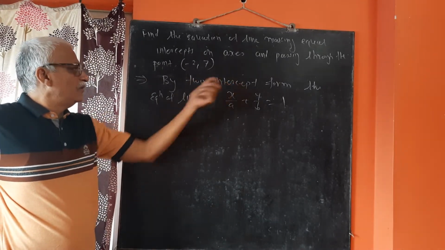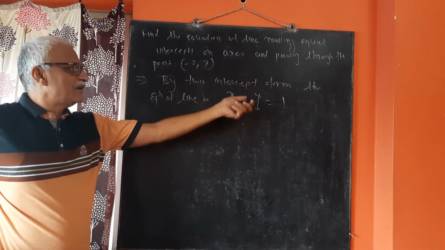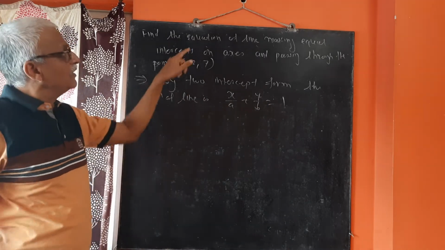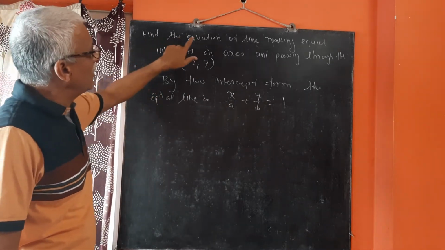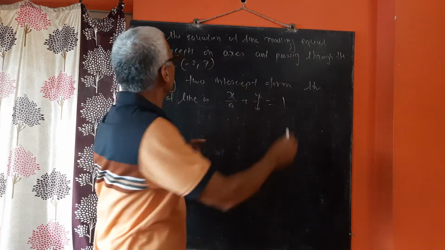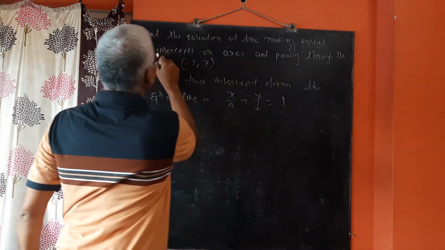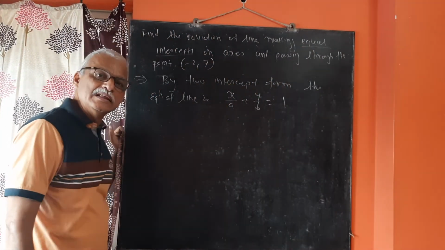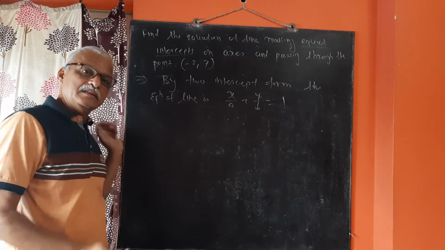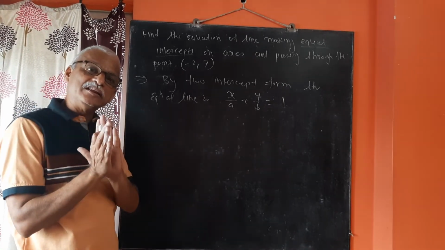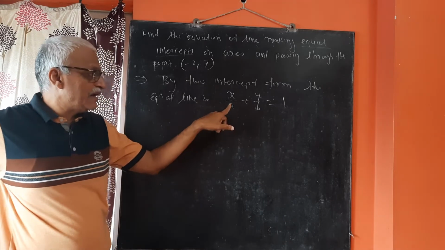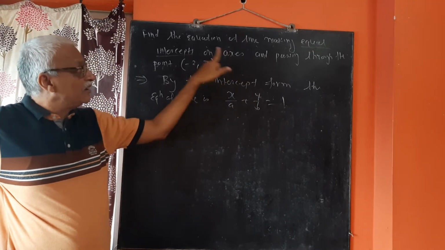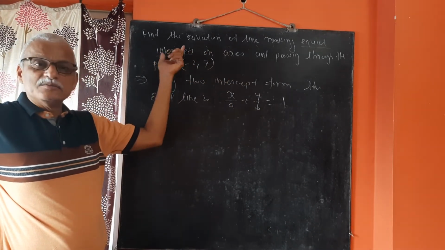Now see here, read our problem. What is it saying? Find the equation of a line making equal intercepts. What does it mean? They are making equal intercepts. What are the intercepts? The intercepts are a and b. But the condition says that the intercepts are equal.